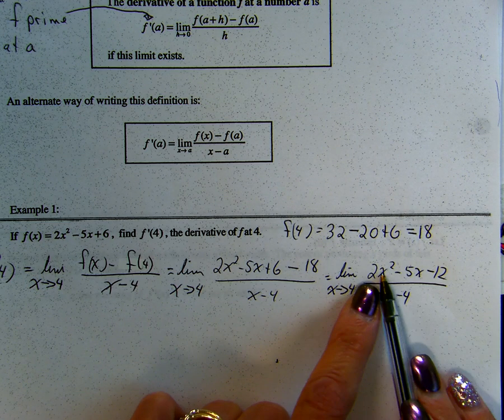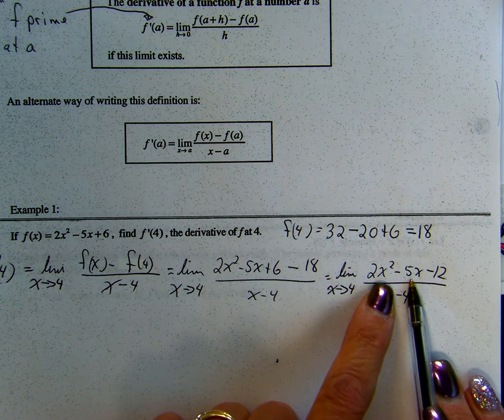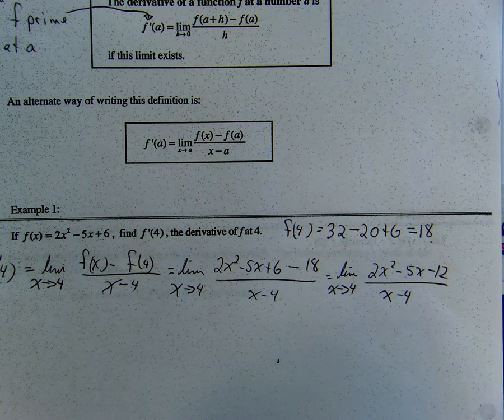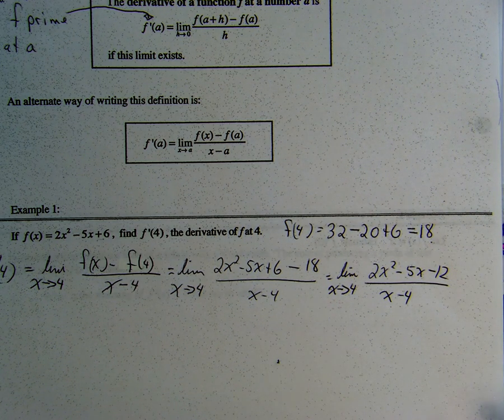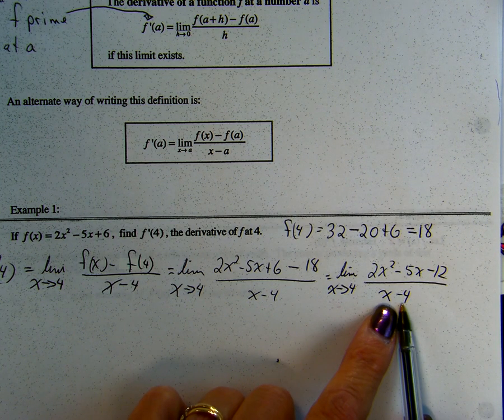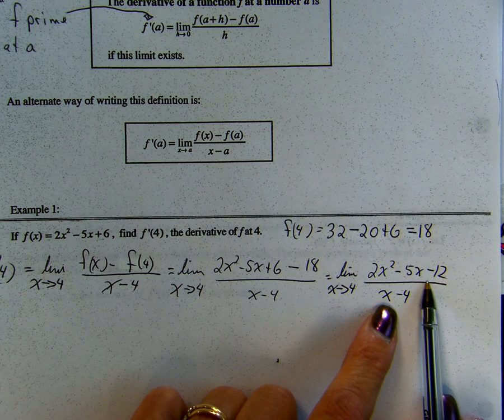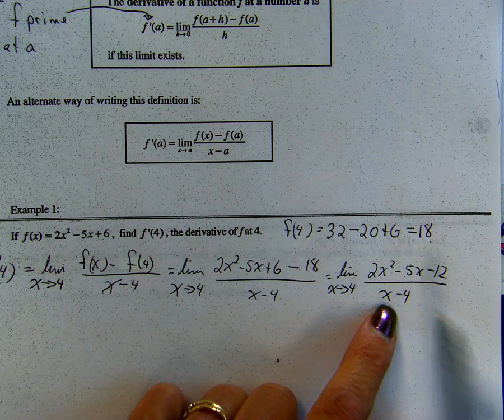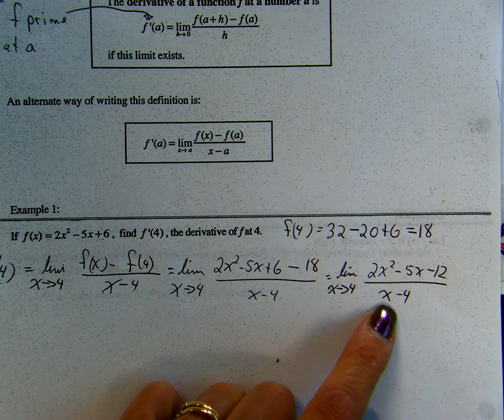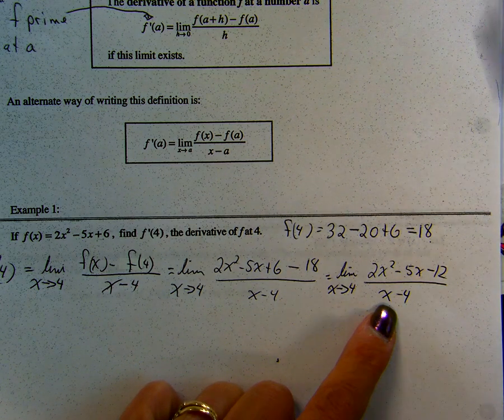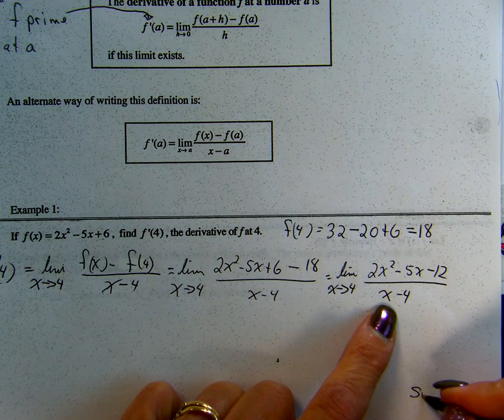Well, maybe not obviously, maybe you have to think about that a little bit. But you're going to get 0 over 0. So we're going to try to factor an x minus 4 out of the numerator so we can cancel. Since that's our goal, let's do quick synthetic division and find our factors.